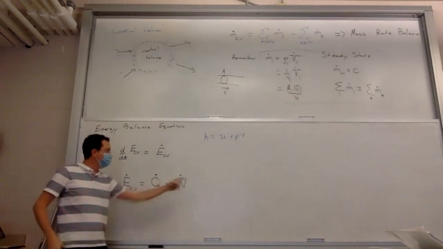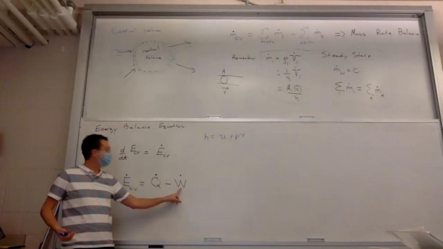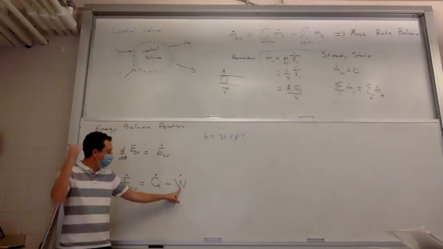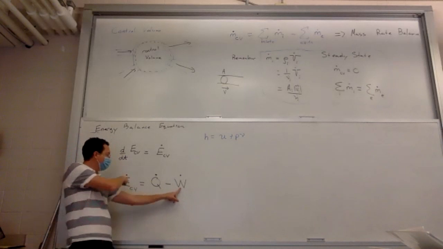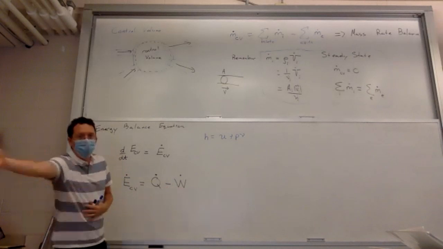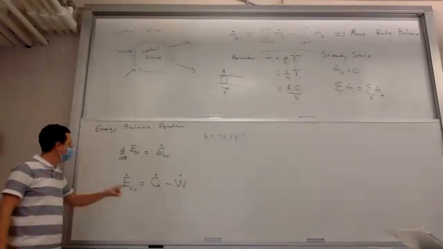If you have work leaving the system, that translates into positive power, like mechanical power delivered. If it's delivering power to your car, the control volume is losing, so you need that minus sign to make it work. If it's becoming useful to someone else, then the system is losing. That's why you need the minus sign.